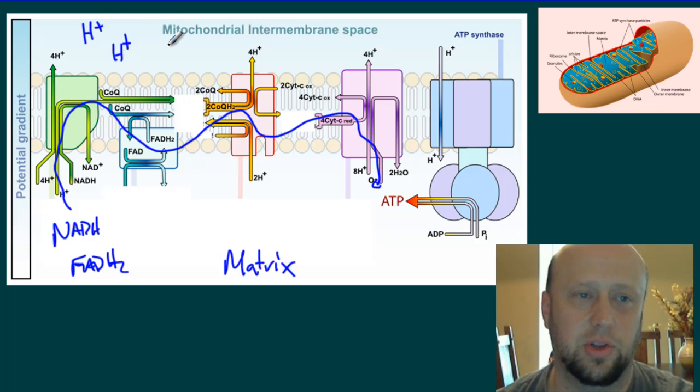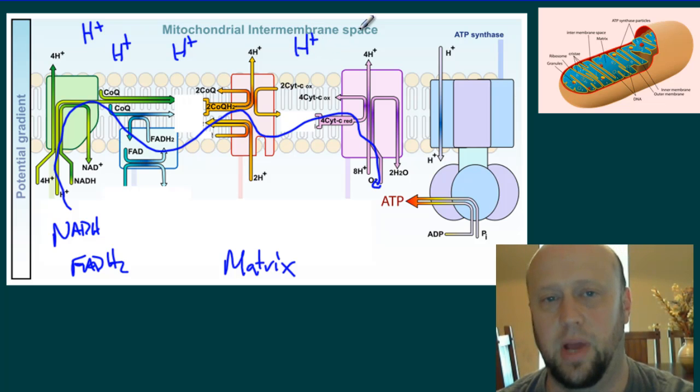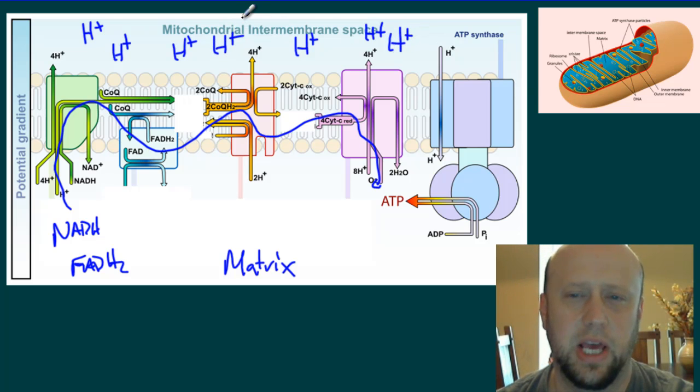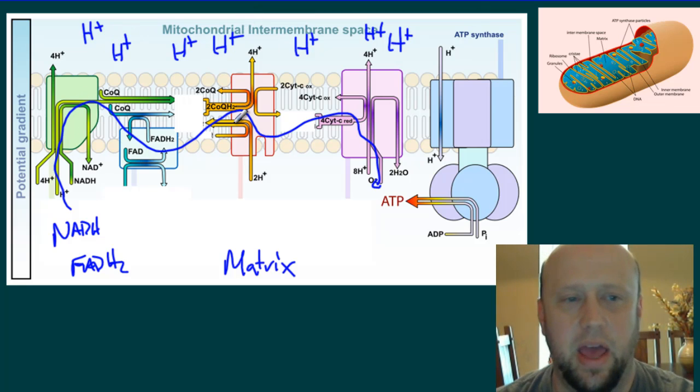Okay, and this should look somewhat familiar. This was also happening in photosynthesis, but in the opposite way. So all of these H pluses are building up here. Okay, getting a bunch of protons in the inner membrane space. All of that is starting to build up. And then the electrons from NADH and from FADH2 are going to give up their electrons. It's going to go through here.